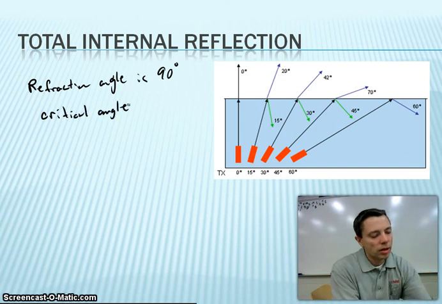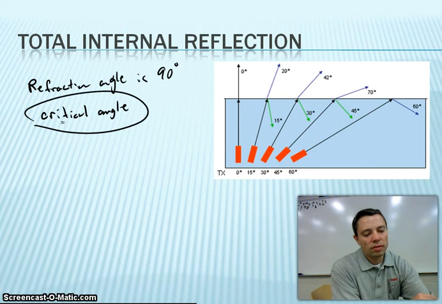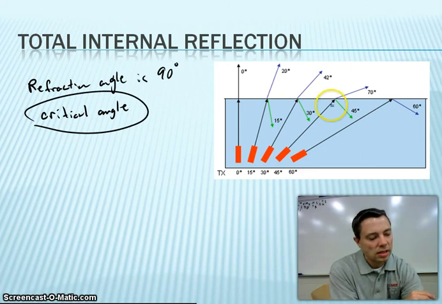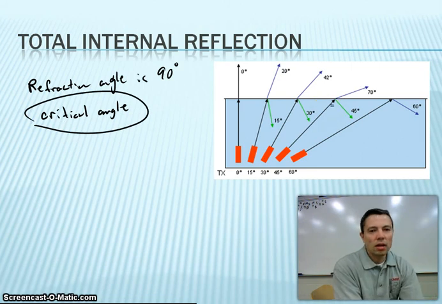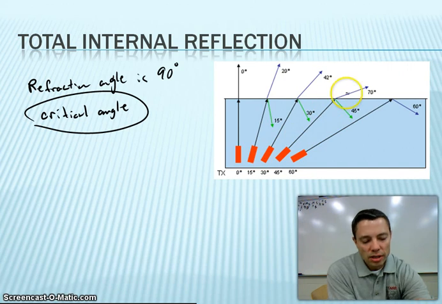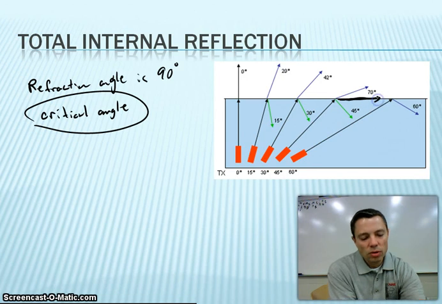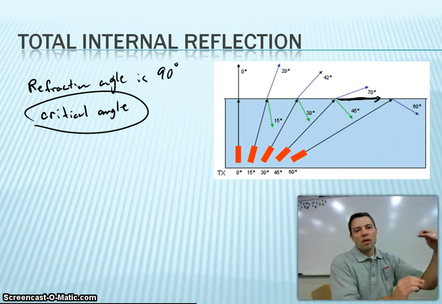Okay, that's the critical angle, and this is again the angle of incidence. So the angle of incidence comes in, and all of a sudden it hits that point where the refraction occurs, but the refraction actually occurs on the surface.